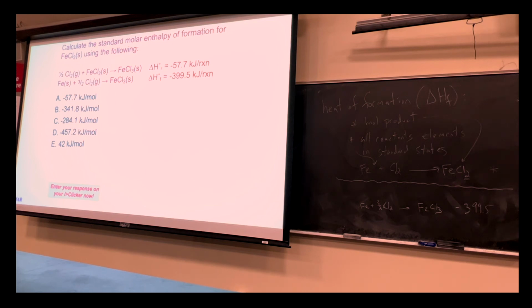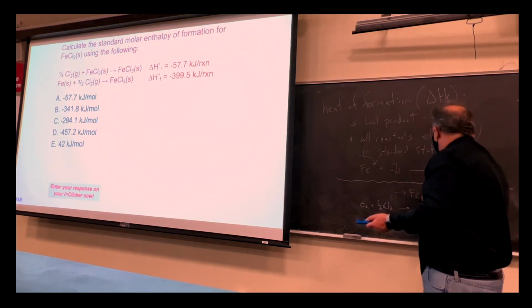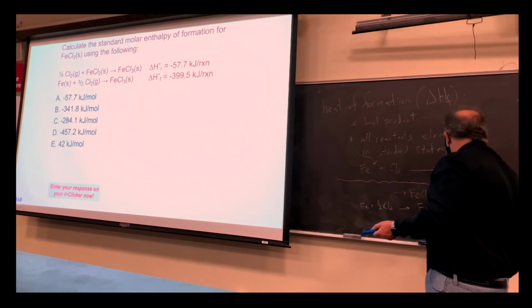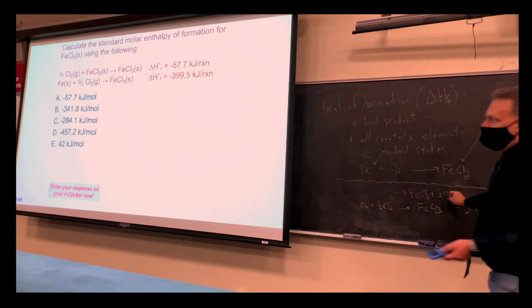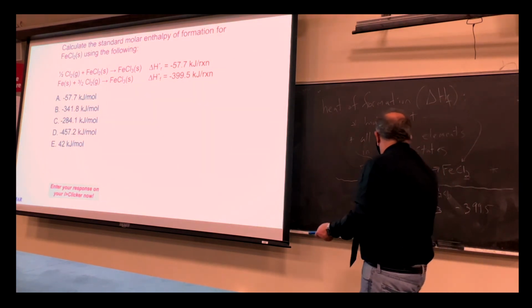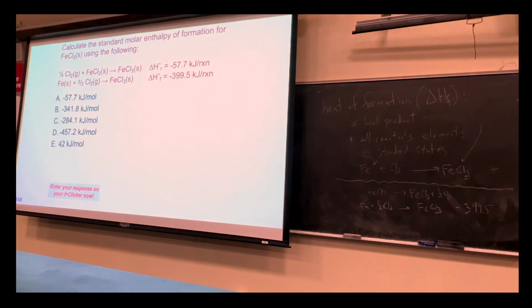And that's going to do two things. Most importantly, it's going to put iron(II) chloride on the product side. So when you flip it, you would write FeCl2 plus 1/2 Cl2 as your products now, not reactants. And then iron(III) chloride, FeCl3, would be your reactant.